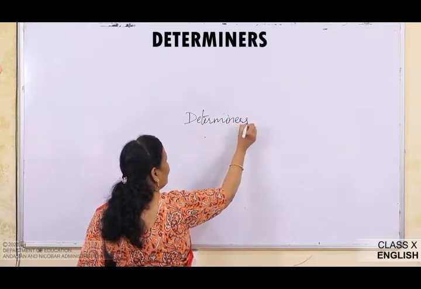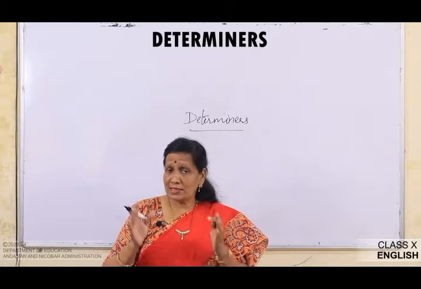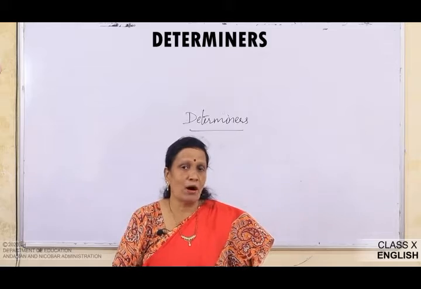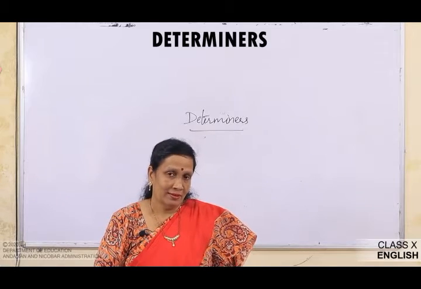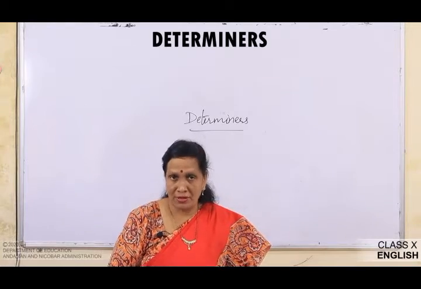Now, what are determiners? Determiners are words that come before nouns. They also tell us about the nouns. They tell us whether the nouns are specific or general.